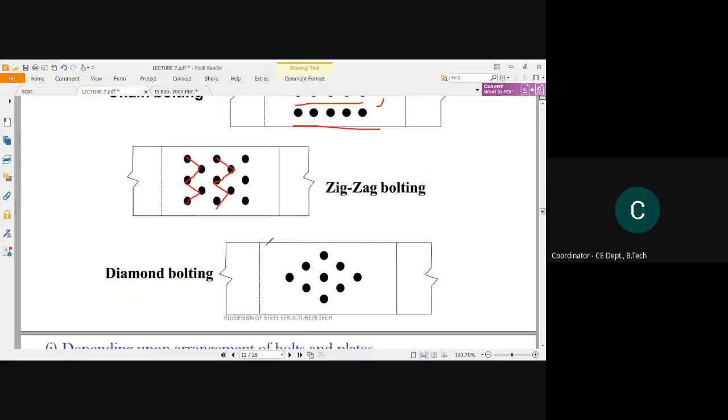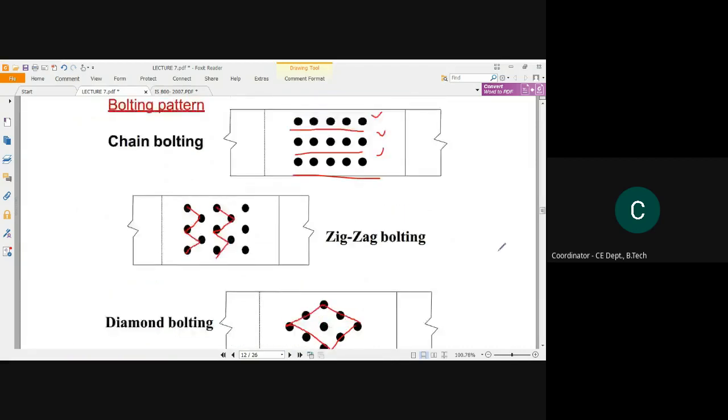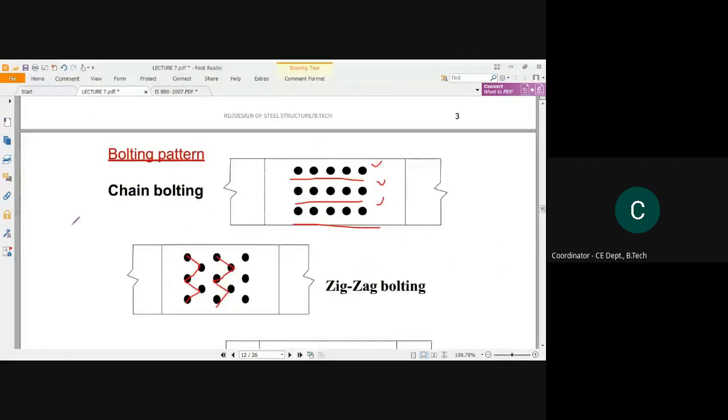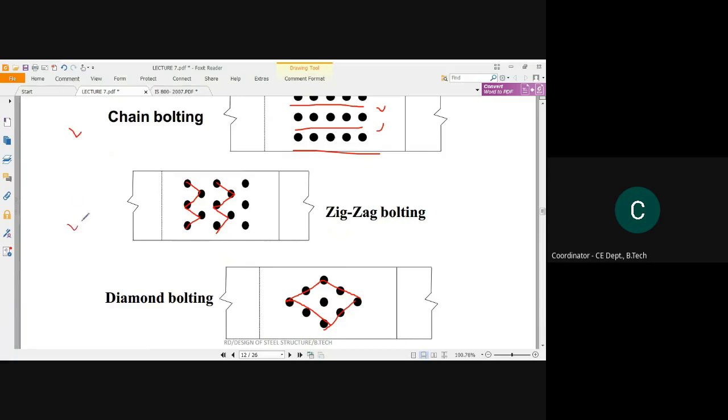This is also a category of lap joint, and the type of bolting is diamond bolting. Okay, so these all come under the lap joint. The plates will be in a lap joint, and these are the categories of bolting.